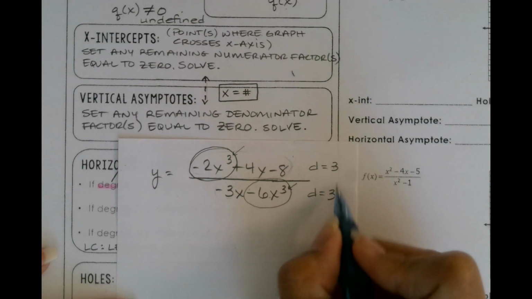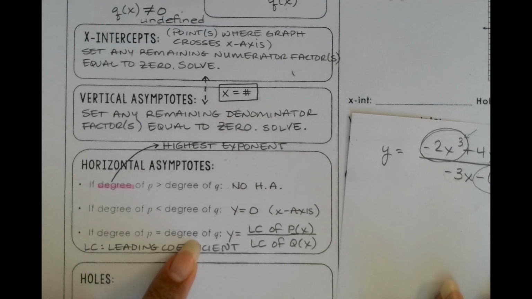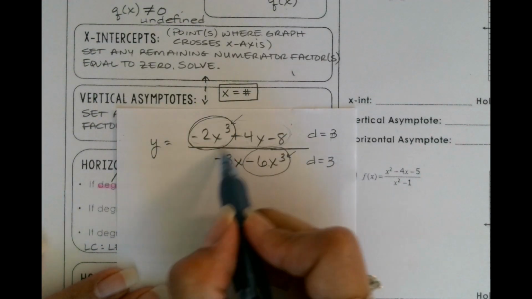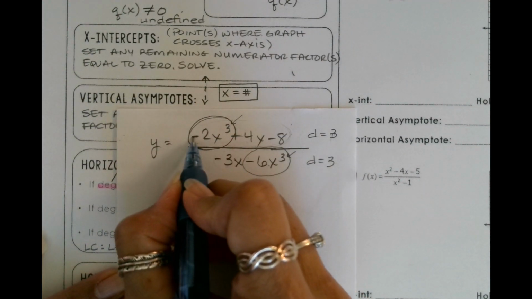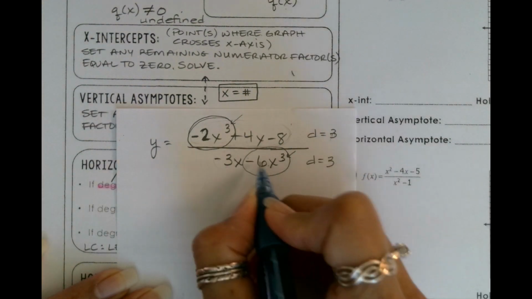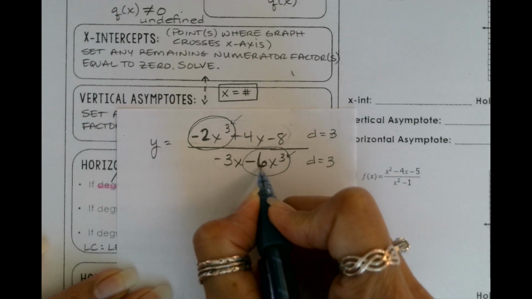Since the degrees are the same, which is what this implies right here, what I'm going to do is take the leading coefficient upstairs. The leading coefficient is this number, and I'm going to divide it by the leading coefficient of this leading term, which is this number.